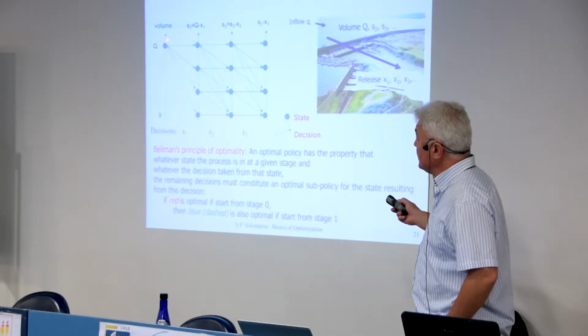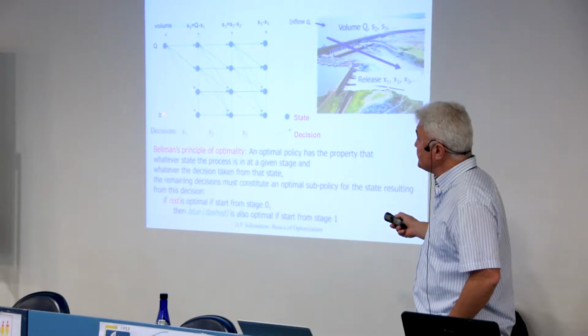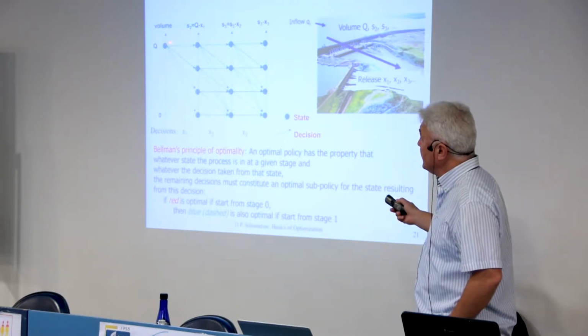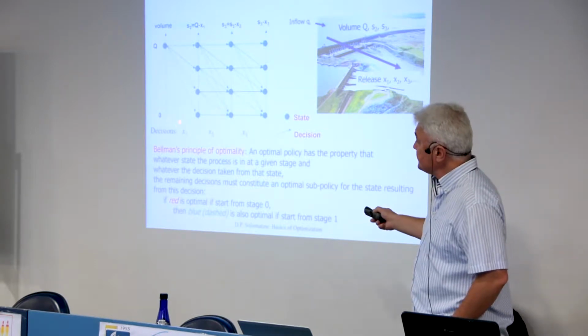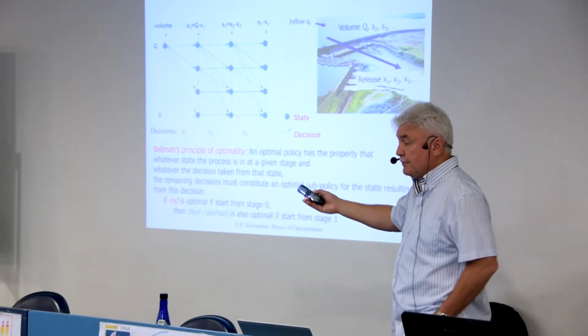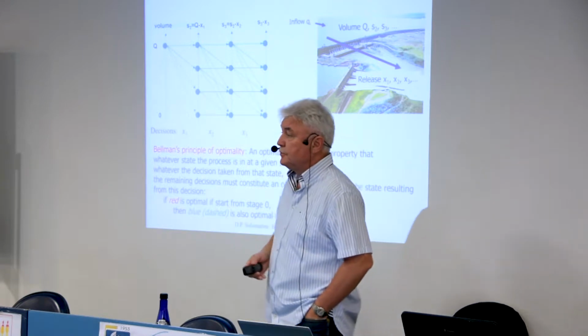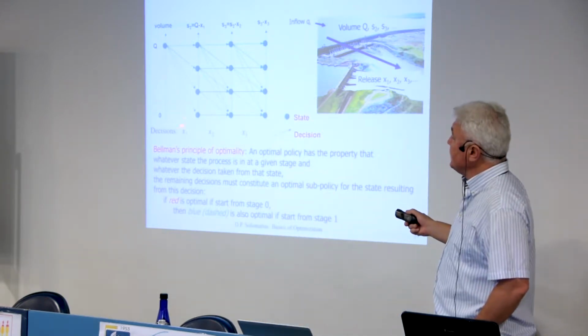If you draw this diagram, you start with a large volume, this is zero volume of the reservoir, and this is time. Your decisions of releases correspond to different time moments, for example 52 weeks or 7 days or whatever you choose. So the question is how to choose these values of releases.